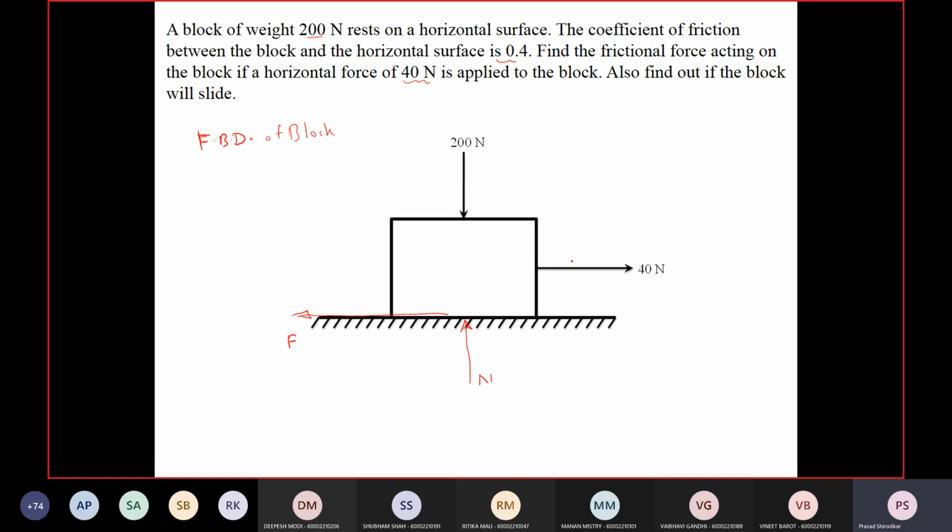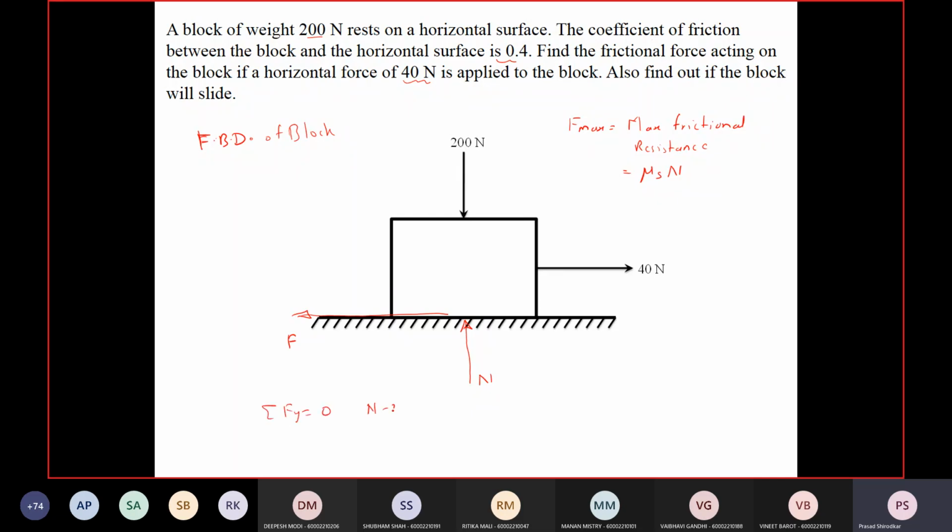So what is the maximum frictional resistance F max? F max is the maximum frictional resistance offered by the block, and F max will be given as mu static into N. N you will get by summation Fy equal to 0.